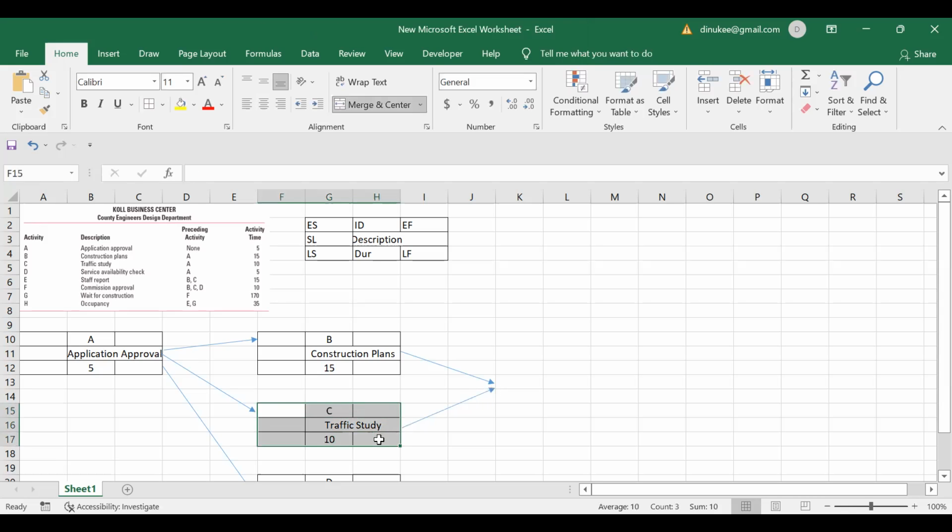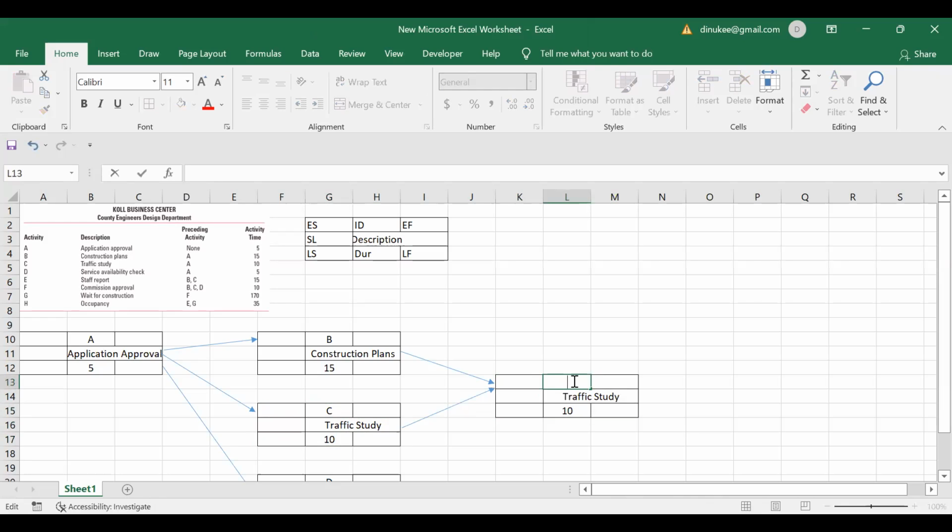So now you can draw the activity E. For the activity E, there is an activity time of 50 and the description is given as staff report. Right? So after completing activity B and activity C, you can start to do the activity E.